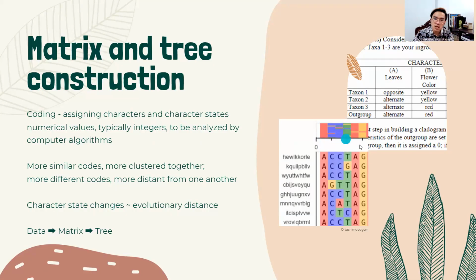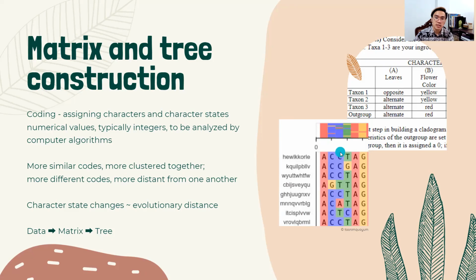In this case, you have site 1 right here, you have site 2, site 3, site 4, and so on and so forth. Here, all the taxa have the nucleotide adenine in site A. And then all taxa have the nucleotide cytosine in site B of the gene, except the fourth taxon.